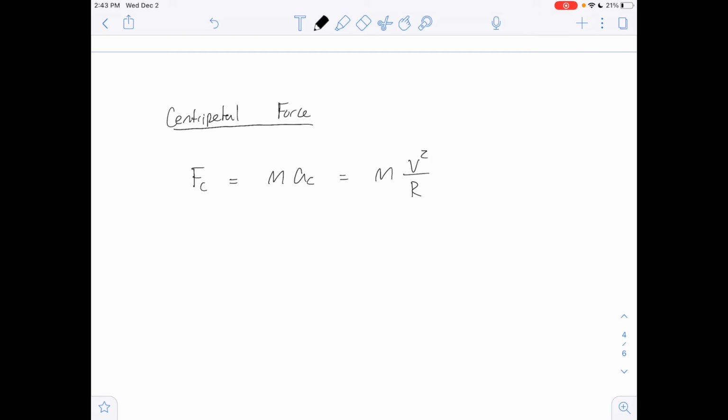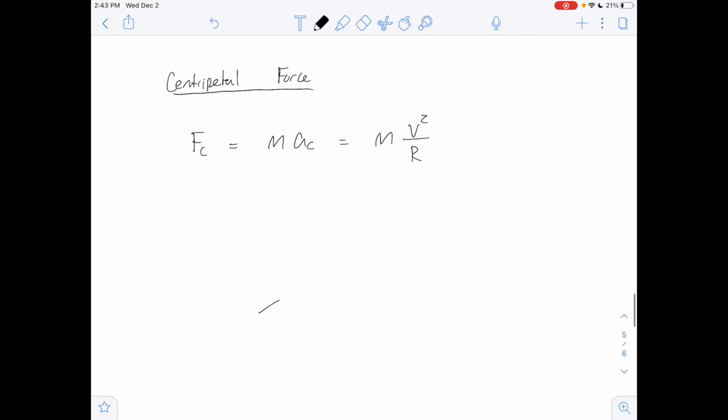Any force can be the centripetal force. So for example, for the moon orbiting Earth, gravity would be the centripetal force. It's the force causing the object to move in a circle. If you were to move a ball that is attached to a string in a circular path, the centripetal force in this case would be the tension force.